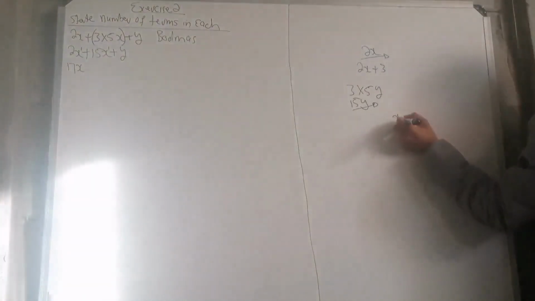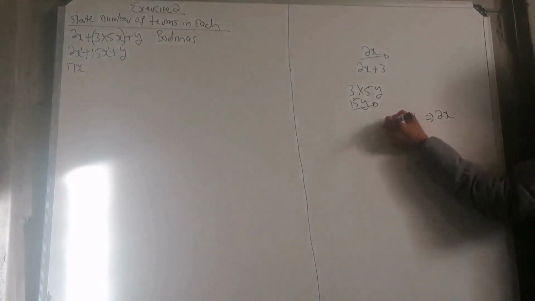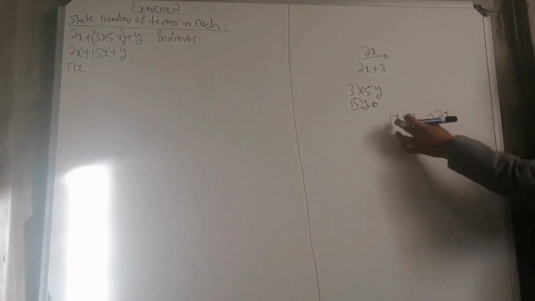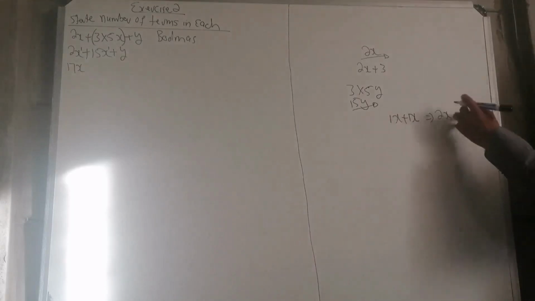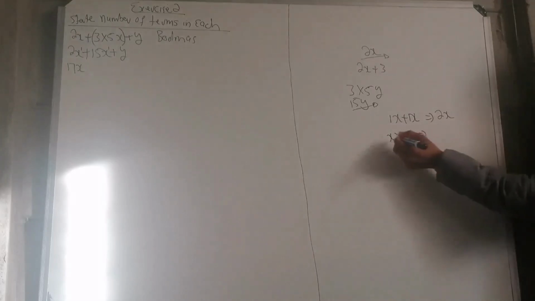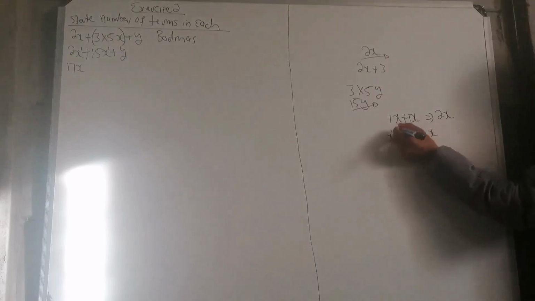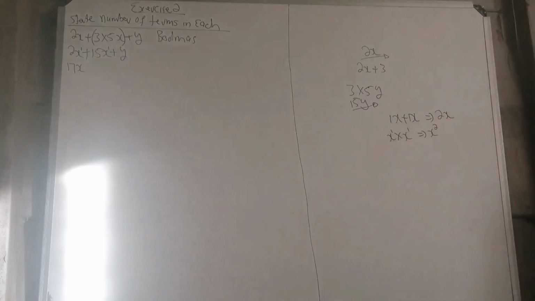Remember, we are adding there. x plus x will give you 2x, because we have 1 here and 1 there. You just say 1 plus 1 is 2, then you leave your x. But remember, x multiplied by x, you'll say when I multiply numbers of the same base, you add the exponents. You write one base, which is x, then you say 1 plus 1 is 2.